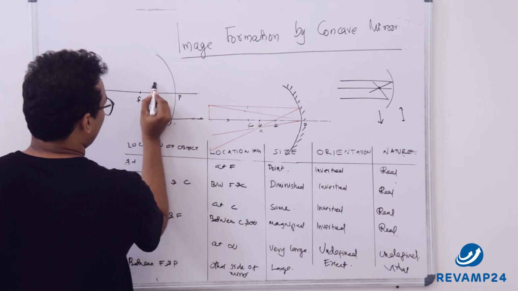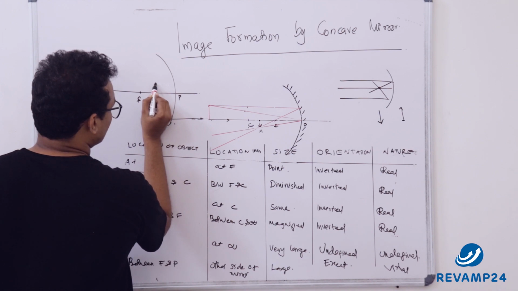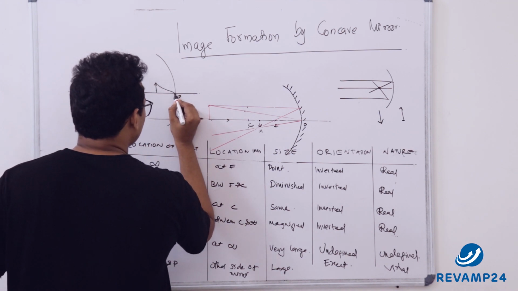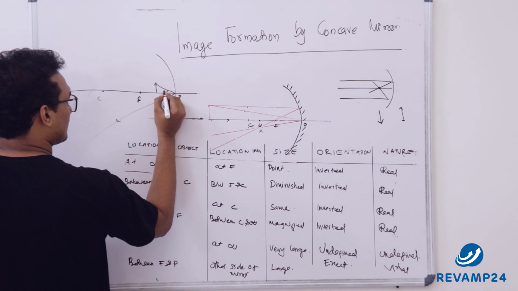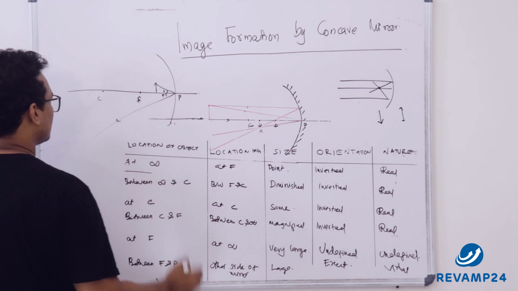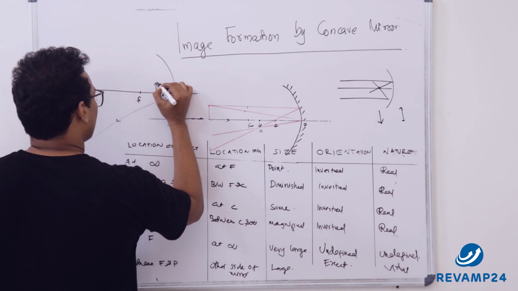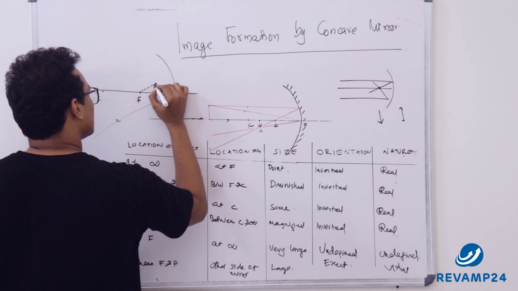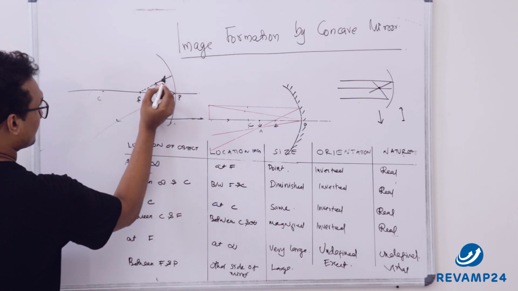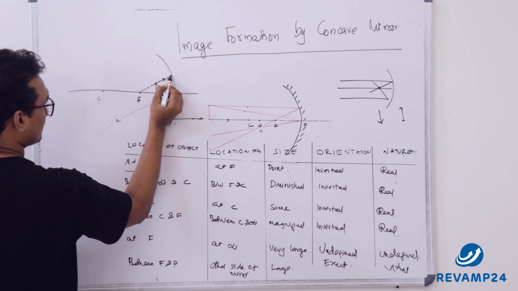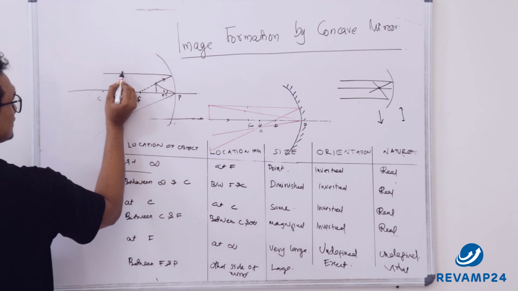First ray I am going to consider is the one which is going towards P. After reflection, that would go in this direction, making the same angle theta with the principal axis. Now next is the ray I am going to consider which is passing through F. So what will happen? After reflection, that would go parallel to the principal axis.